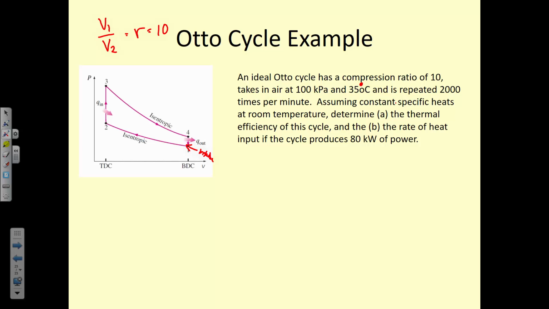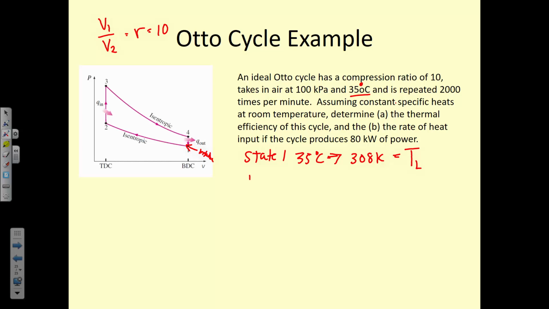And if we want to extend this problem a little bit, we can make it a little bit more difficult. So state 1, we have 35 degrees Celsius. But in these problems, when we're working with ideal gases, we know that we need to convert that to Kelvin. So it's 308 Kelvin, and this is equal to T sub L, or the low temperature in our system.